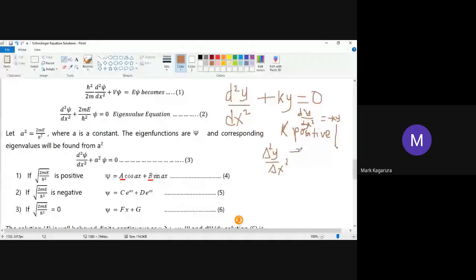When you do the inverse, you end up with y squared minus ky plus y equal to 0.